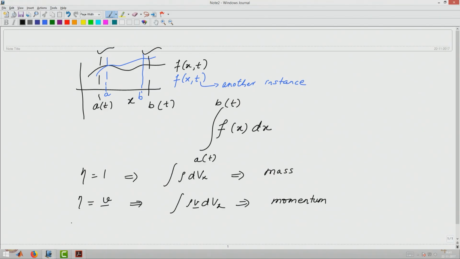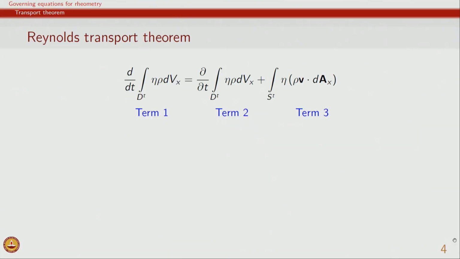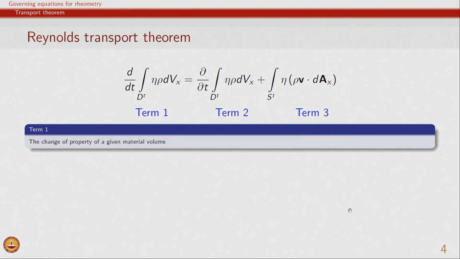If we choose eta to be energy, which we indicate as u, internal energy, then we have rho u dVx, and that becomes internal energy. So, depending on what we are interested in, we can choose several terms and get a balance for that particular quantity. Now, the interpretation of these three terms is as follows.